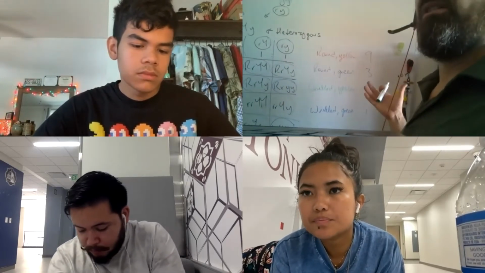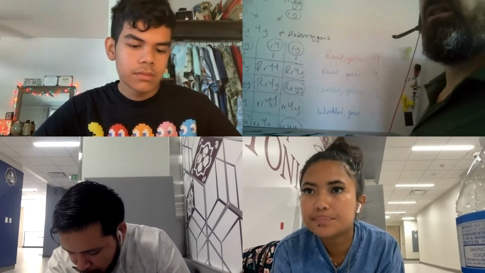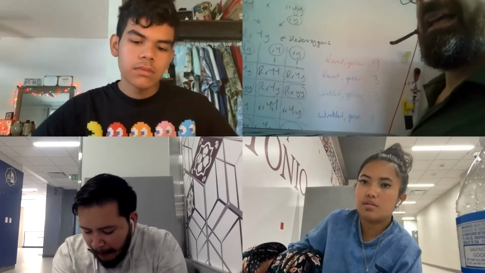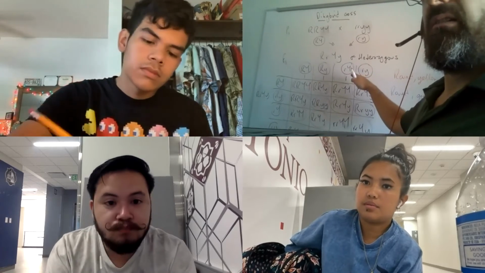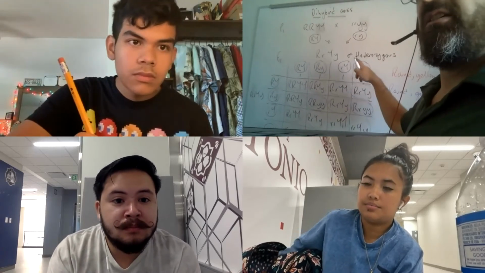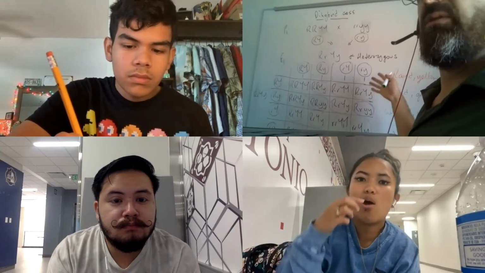And that is the only output that you'll get from a dihybrid cross, if these alleles are segregating randomly and the alleles for one gene have no effect on what alleles you get for the other gene.